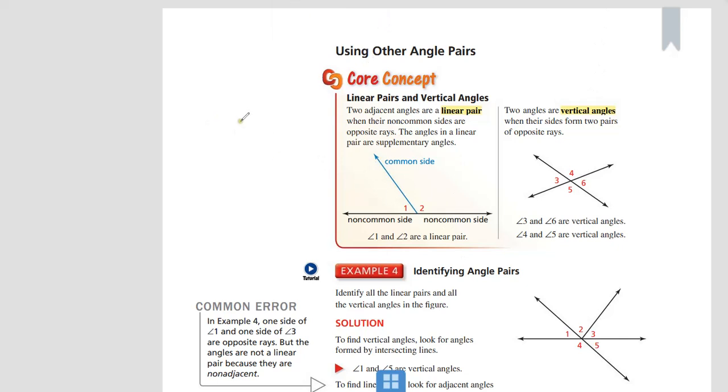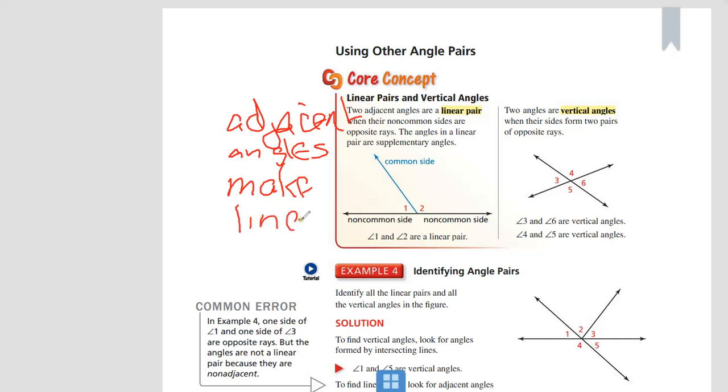So they're adjacent angles that make a line, with the non-common sides making a line. So a linear pair, there's the word line in there, like a line pair.